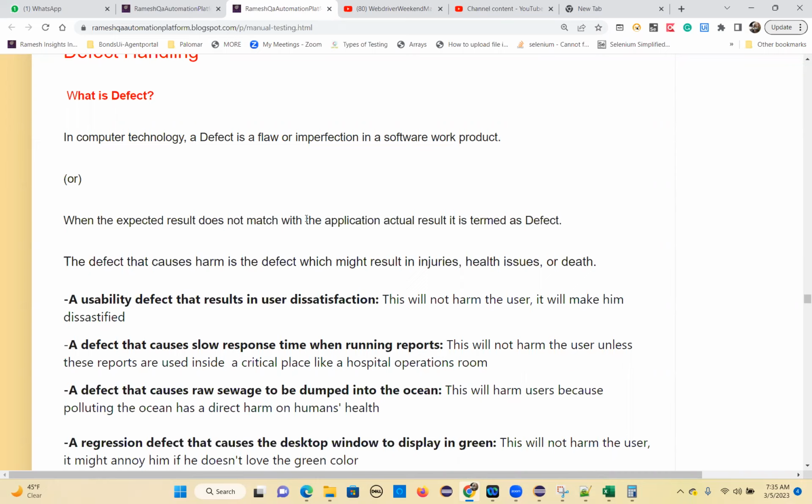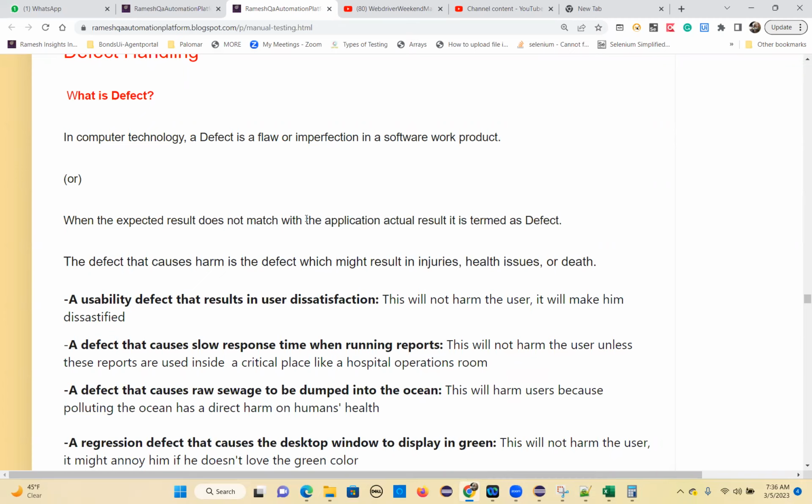There are different types of defects. Usability defects will be there. Usability defects mean they won't harm anyone, just look and feel. But look and feel also should be good, right? You have to take care of that. A defect that causes slow response time when running reports is also not going to harm the user unless the reports are used in a very critical place.